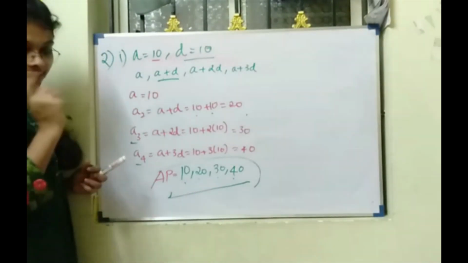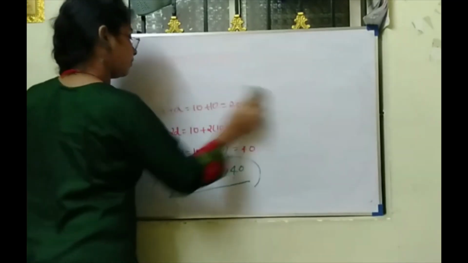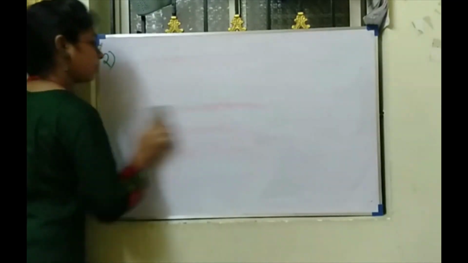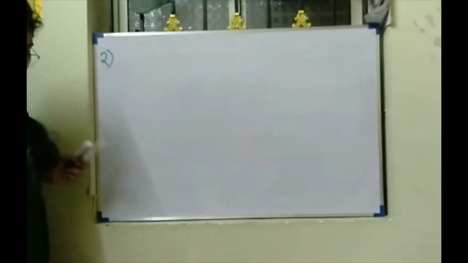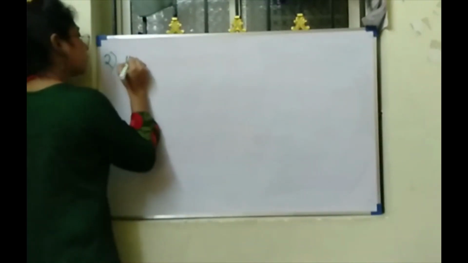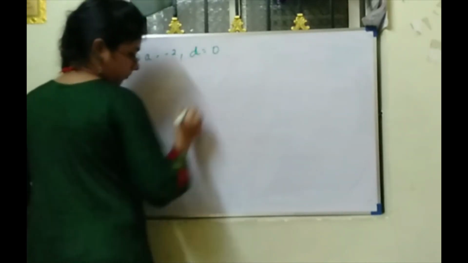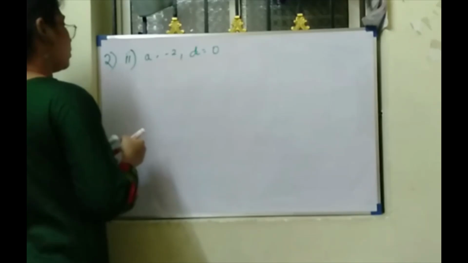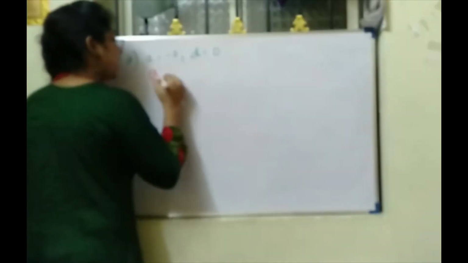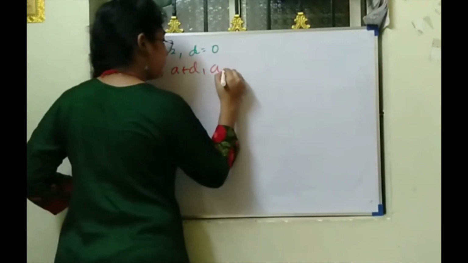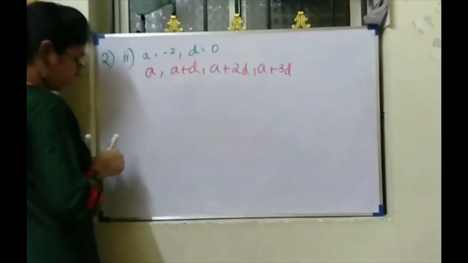So now let's move on to the second part of the second question. Again, what is the general form of the AP? Yes, you're right. A, A plus D, A plus 2D and A plus 3D.